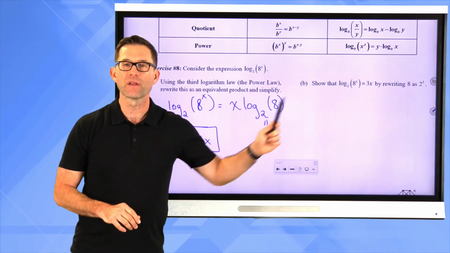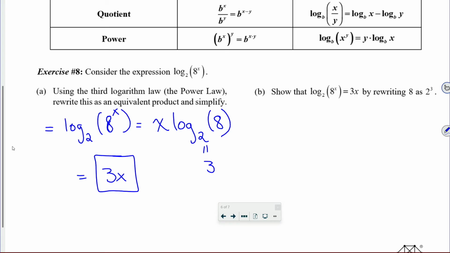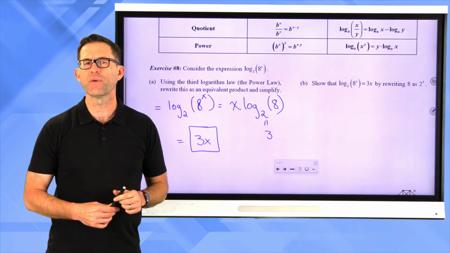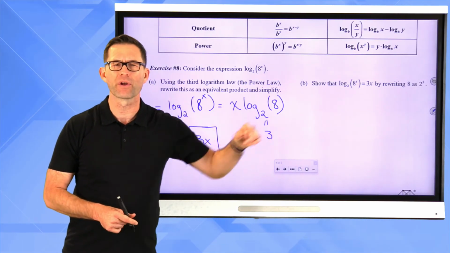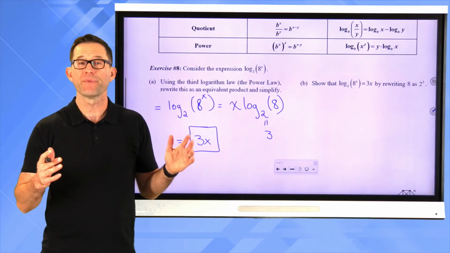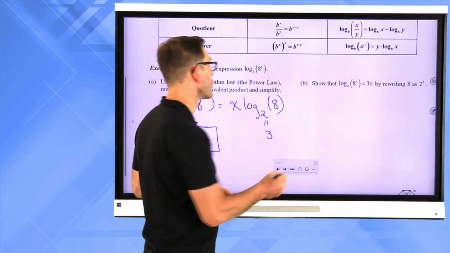But now let's take a look at letter B. Show that log base 2 of 8 to the x is equal to 3x by rewriting 8 as 2 to the third. All right, well, pause the video now and see if you can figure out what we're getting at here. All right, well, 8 is the same as 2 to the third.